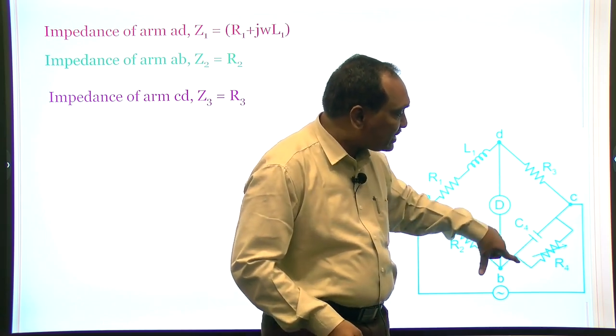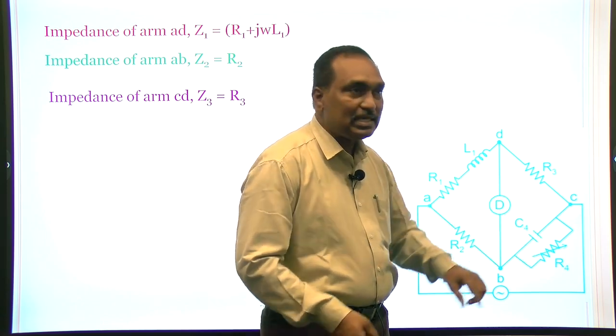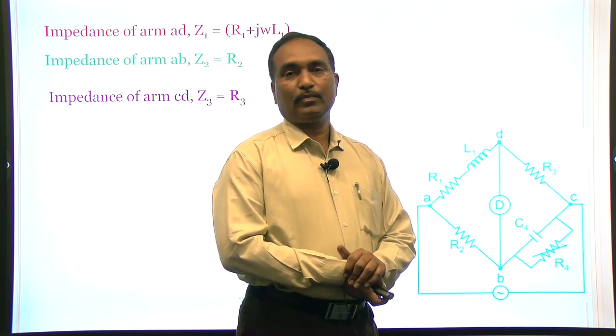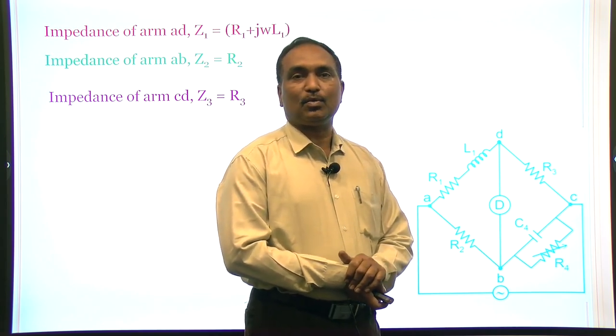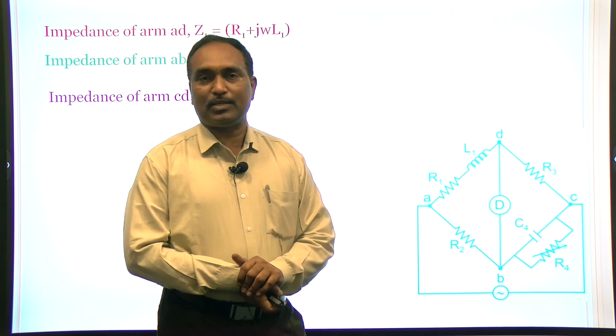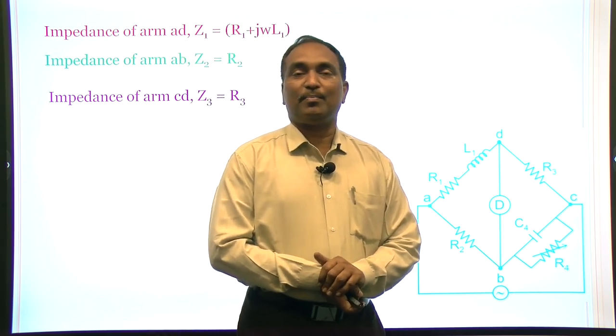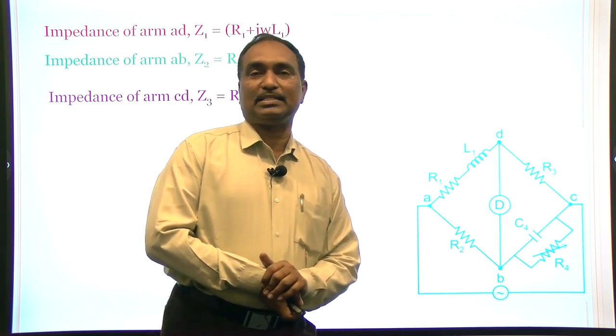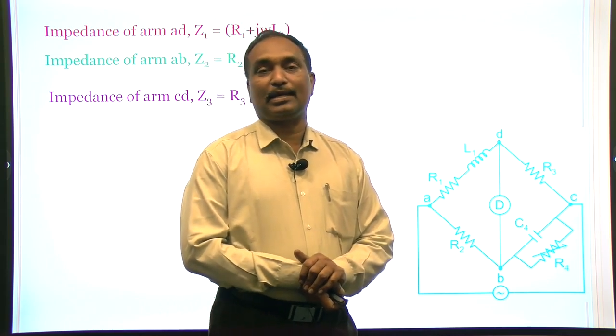So, the resultant impedance across the arm BC, if it is Z4, we will use 1 by Z is equal to 1 by Z1 plus 1 by Z2, or 1 by R is equal to 1 by R1 plus 1 by R2. That is how the resultant resistance is calculated.